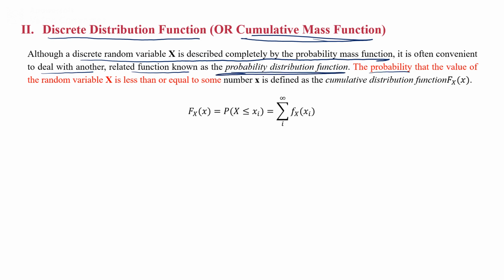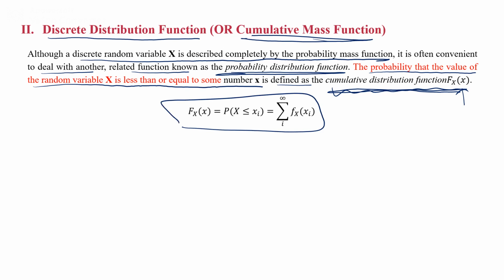The probability that the value of the random variable X is less than or equal to some number x is defined as the cumulative distribution function, denoted by F_X(x), or we write P(X ≤ x_i), which is the summation of f(x_i).